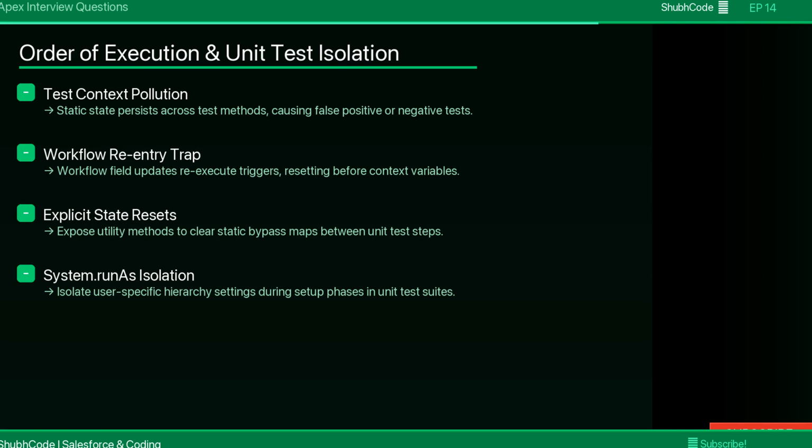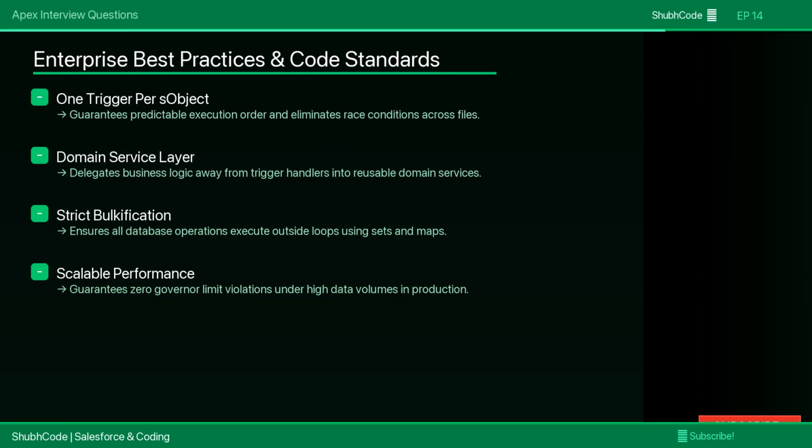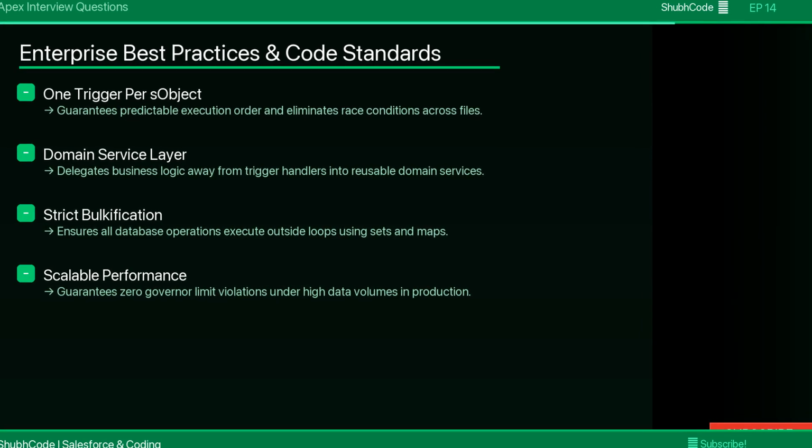Furthermore, remember that workflow field updates re-trigger the entire execution order, causing your handlers to evaluate twice in a single transaction. To pass senior technical interviews, you must demonstrate a holistic understanding of trigger framework design principles.